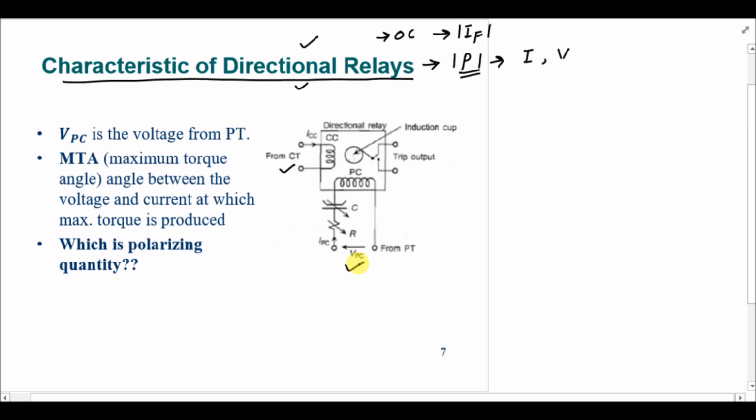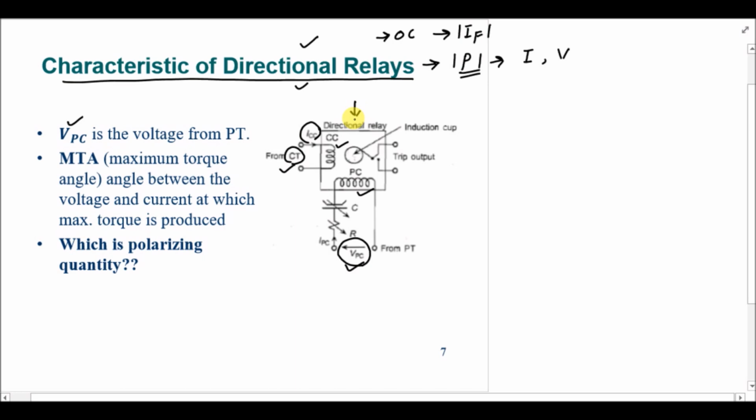The voltage that we are getting from the potential transformer is VPC, and the current that we are getting from the current transformer is ICC. So there is a current coil as well as a potential coil in the directional relay.